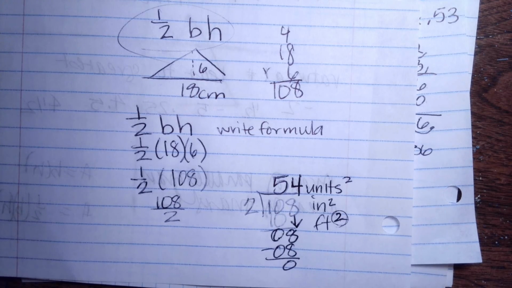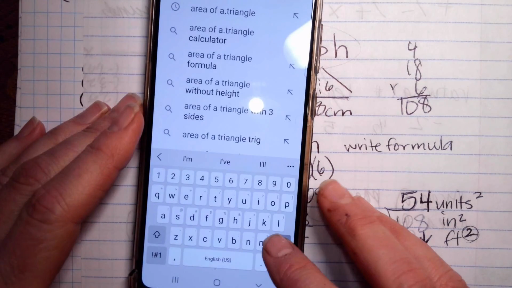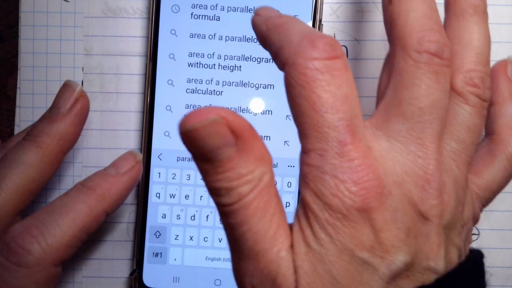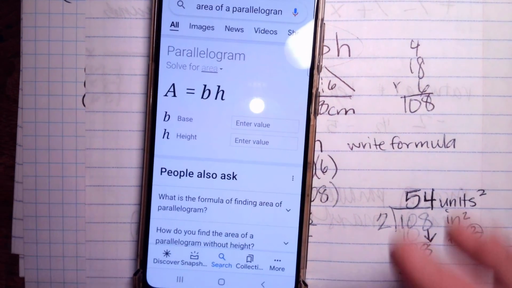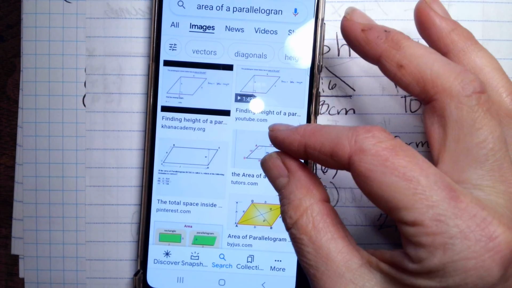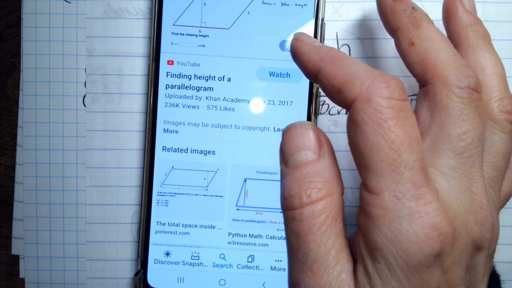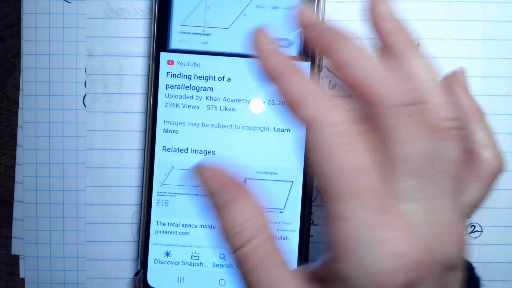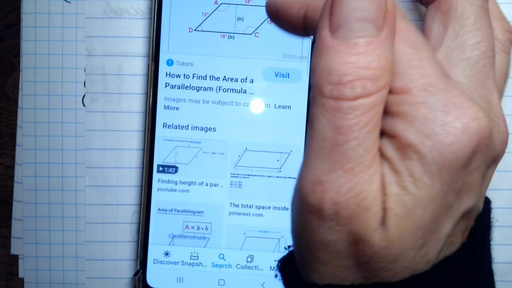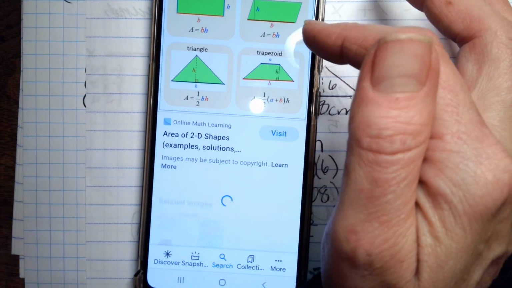Okay, now we're going to do area of a parallelogram. So let's find some numbers for a parallelogram. No, I need an image. There we go. I have on my notes base plus base times height divided by 2.